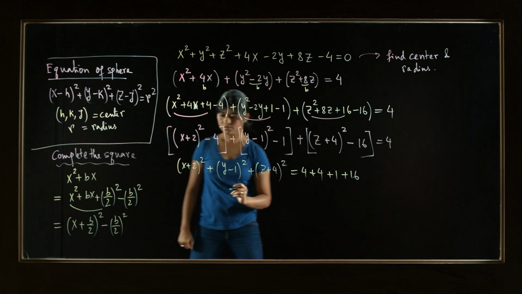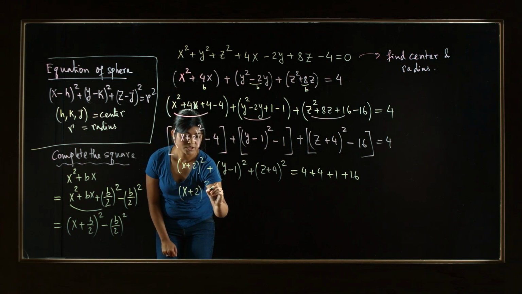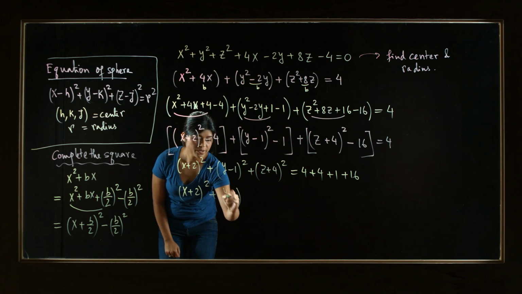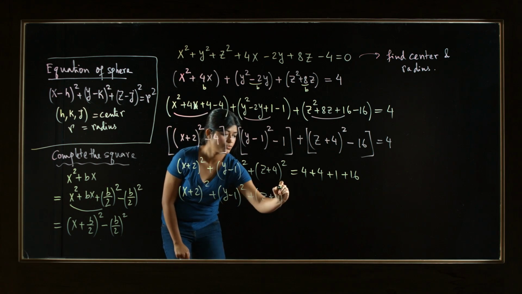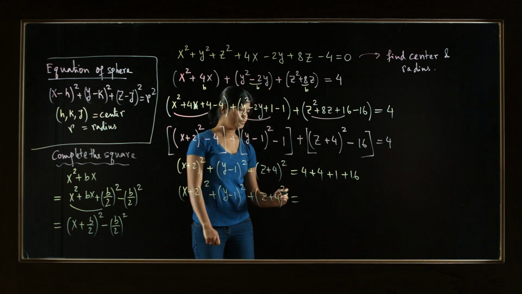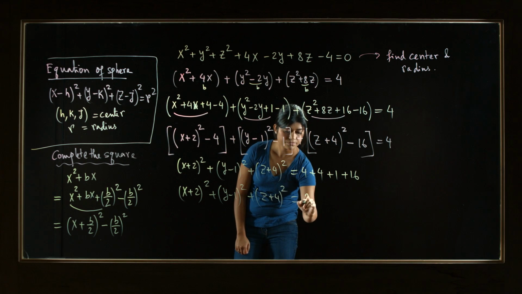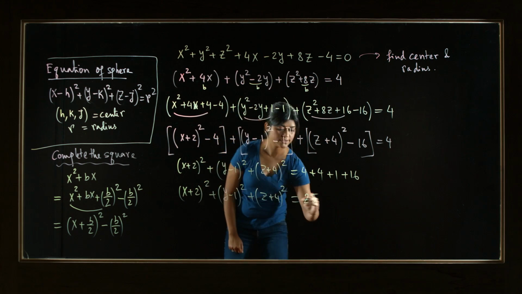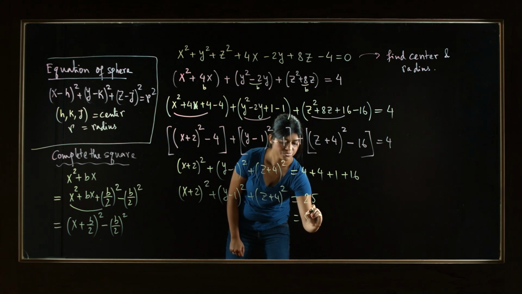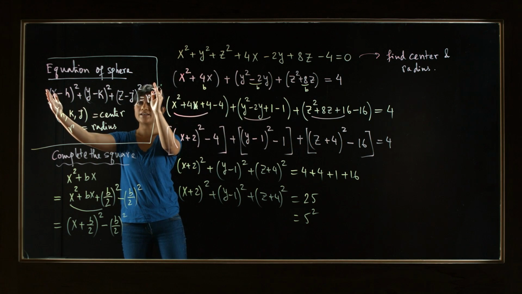Okay, so we get x plus 2 square, y minus 1 square, z plus 4 square is equal to, so what quantity we have here? 16, 20, 24, 25. And notice 25 is 5 square.